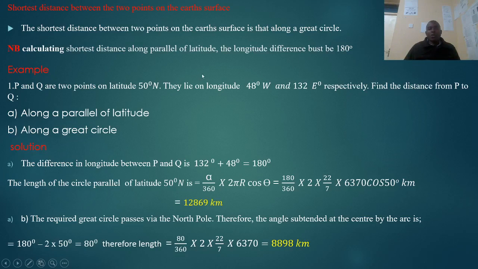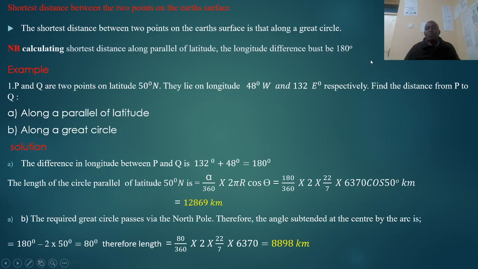But if you are asked to calculate the shortest distance along the parallel of latitude, remember, we have already understood that shortest distance is along longitudes, but you are given a latitude, and you are asked to find the shortest distance along the parallel of latitude between P and Q. In that case, remember for latitudes we use alpha as the longitude difference.